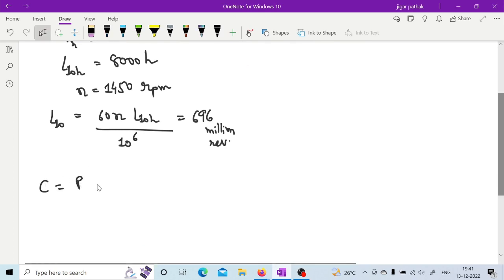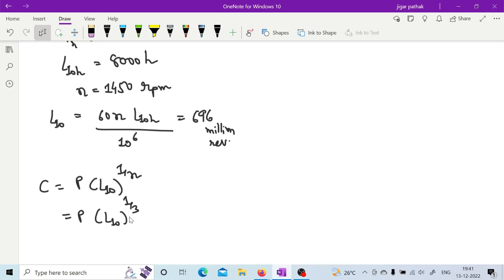C is P L10 raised to 1 by n. Here it is a ball bearing, so it will be P L10 raised to 1 by 3.